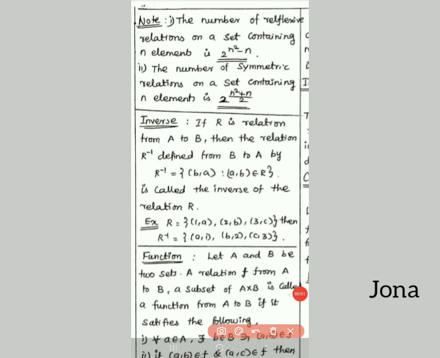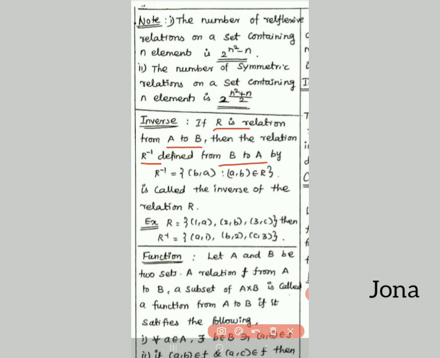Okay. We have some definitions here. The first one is inverse. If R is a relation from A to B, then the relation R inverse, which is a relation from B to A, is called the inverse.